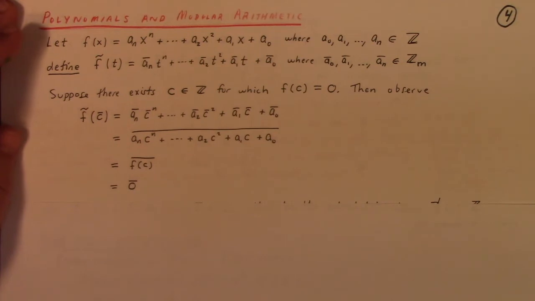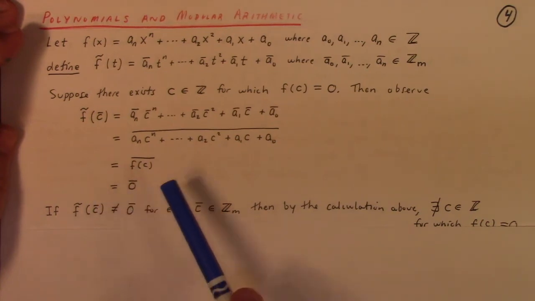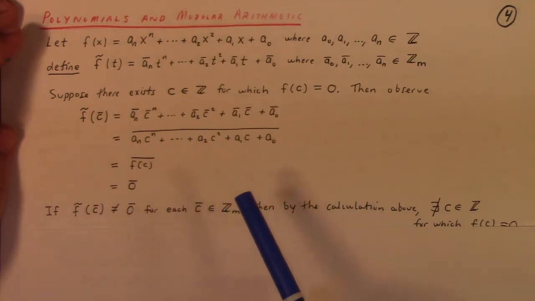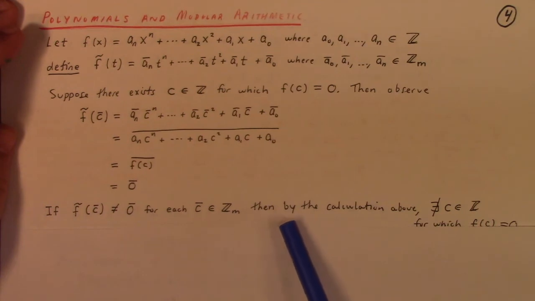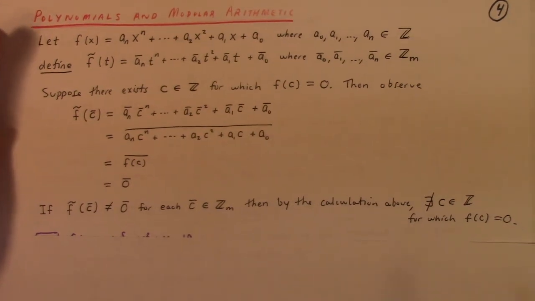So this is nice because it means that if f tilde of c bar is not equal to 0 for each c bar in Z_m, then by the calculation above, there does not exist an integer root of the original polynomial. Does that make sense?